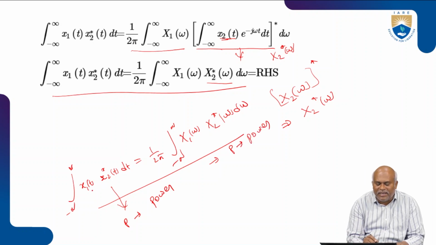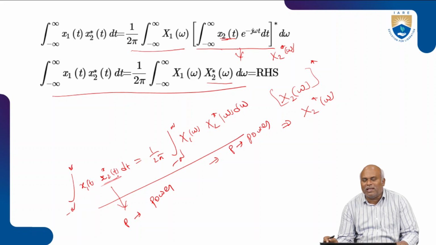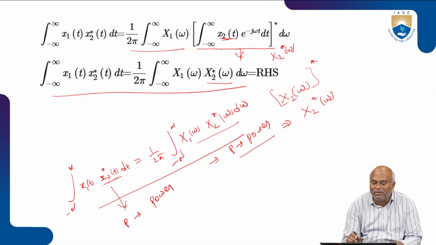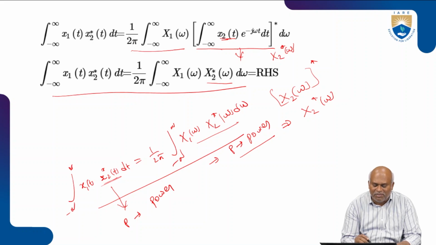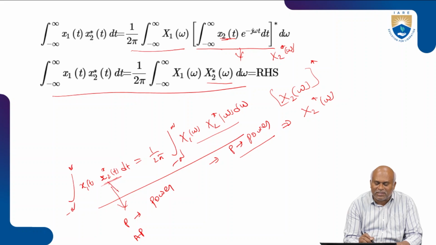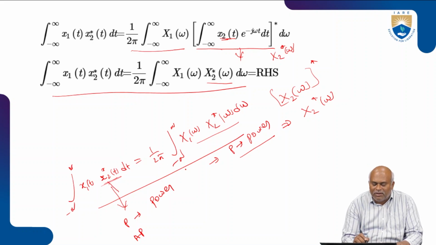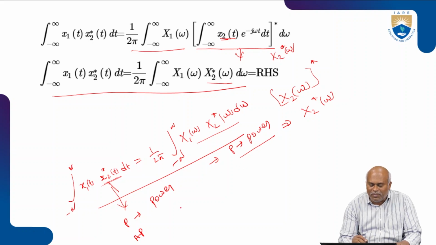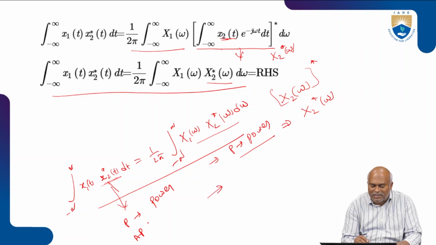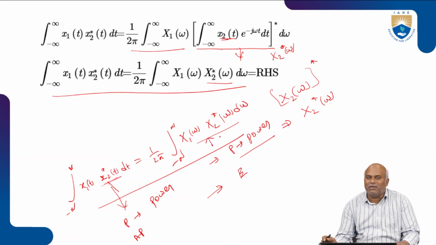That means if we take the complex conjugate of a power signal in the time domain under the periodic condition, the output also gives power, but in the frequency domain. At the same time, if you take an aperiodic signal x1 and x2, complex, under the Parseval relation, the produced output is represented as an energy signal, but in the frequency domain.